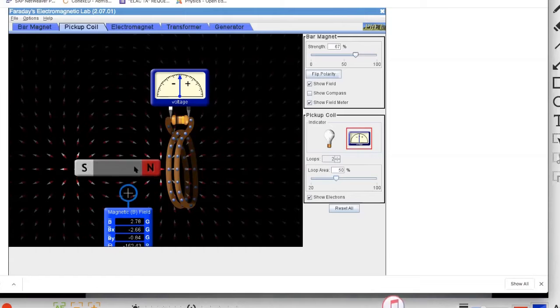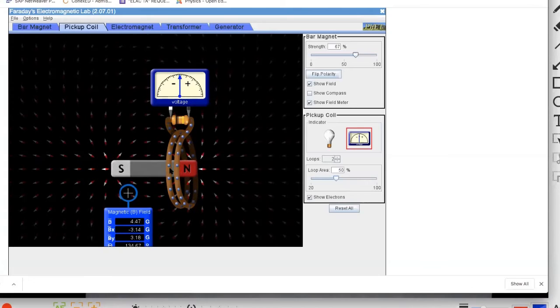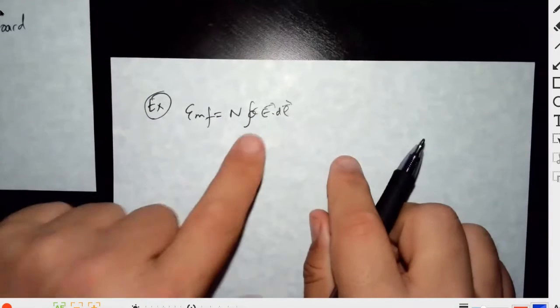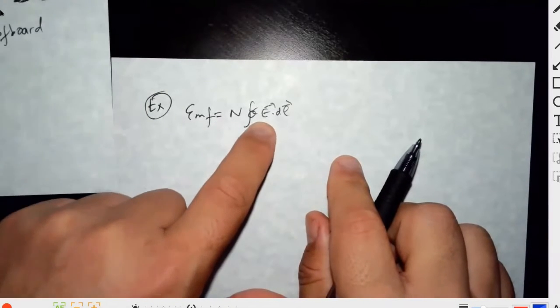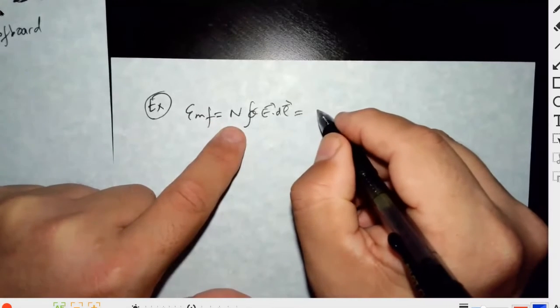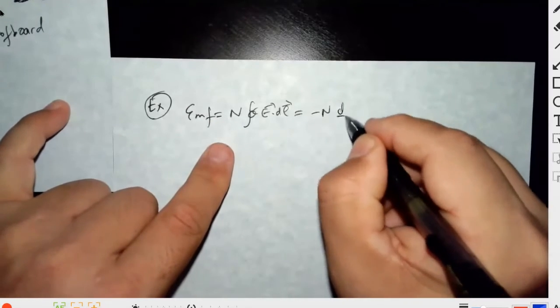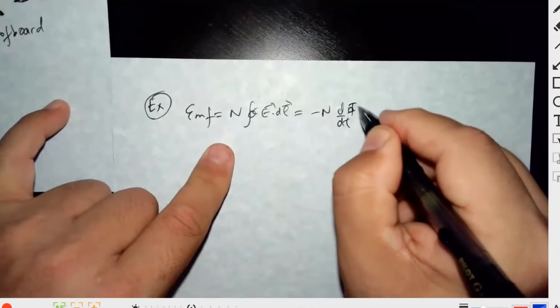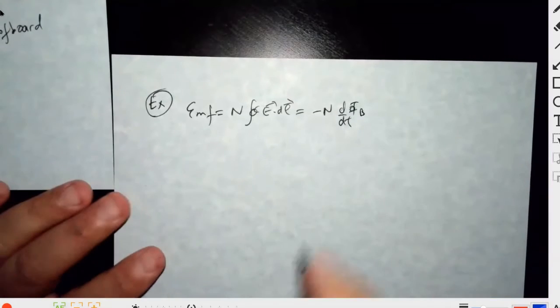Let me repeat that again. From here to here, I'm going to do it in a second. What should that deflection have been? Can we do the math of that? What should the magnitude of that deflection be? If we care about calculating the electric field, we can just focus on the EMF, and that'll be negative N d by dt of phi B, right?